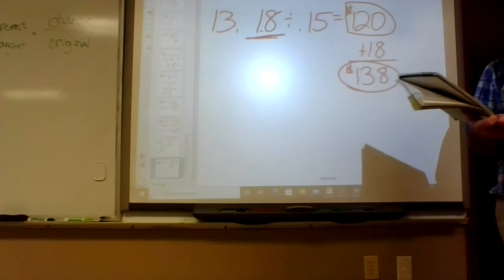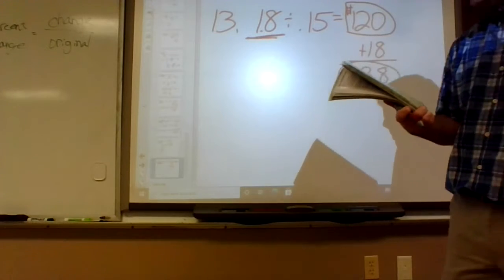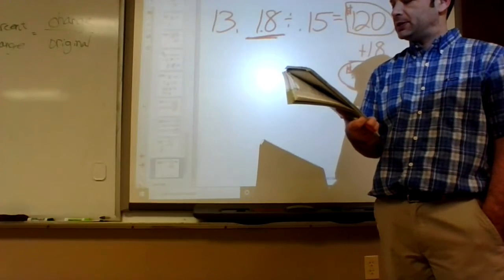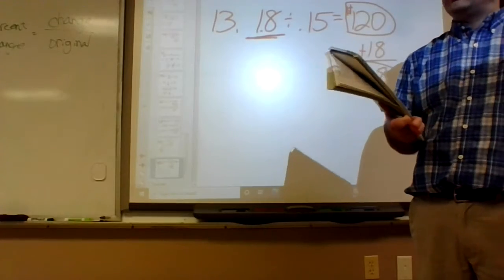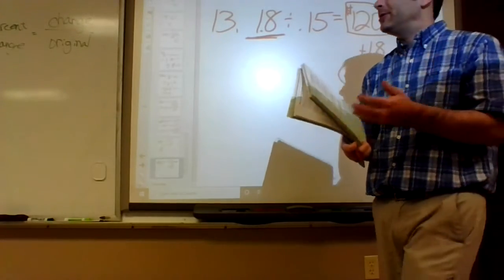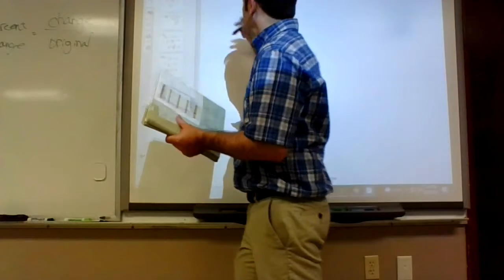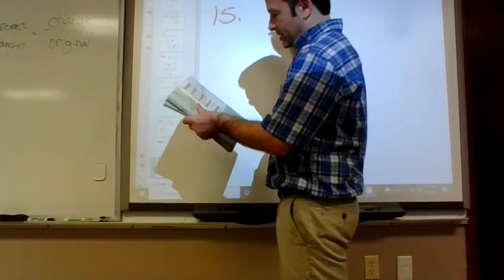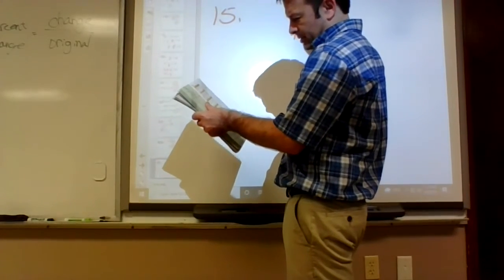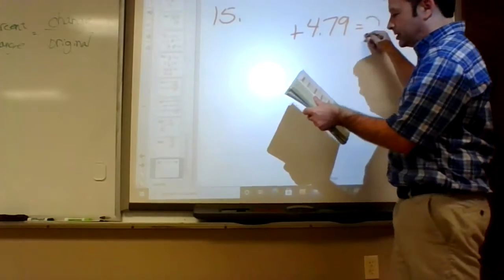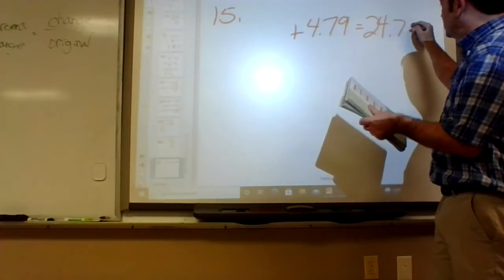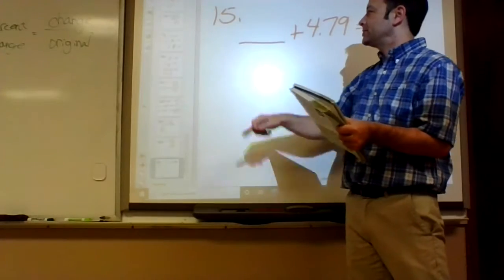On 15, it says the markup is $4.79 and the retail is $24.74. The markup is the amount the price increased. So it's basically saying we added $4.79 and we ended up with retail price $24.74. So how do we find the original price?